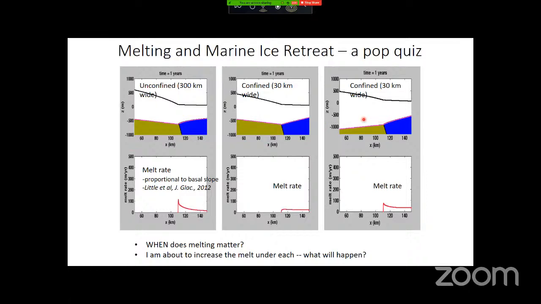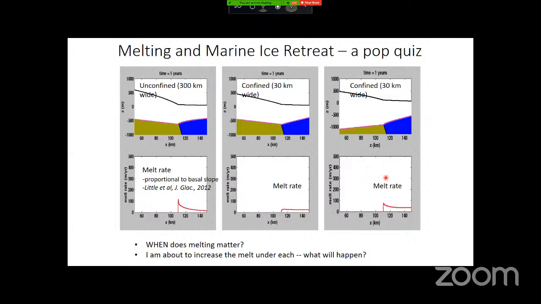In the movies on the next slide, all these ice shelves are being exposed to parametrized melt rates, not a real ocean model. I'm going to kick up that melt rate, and I want you to decide in which of these 3 scenarios the ice sheet strongly retreats when melting is increased.